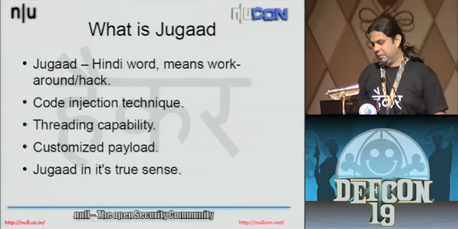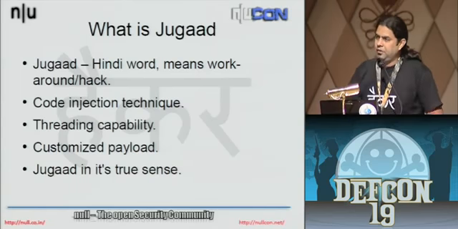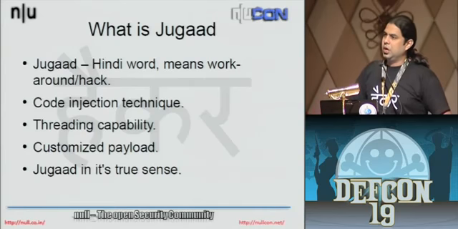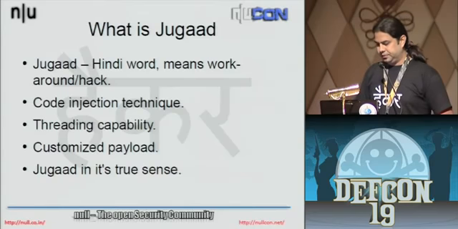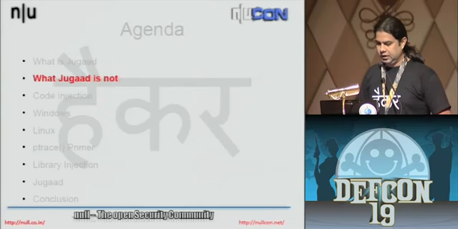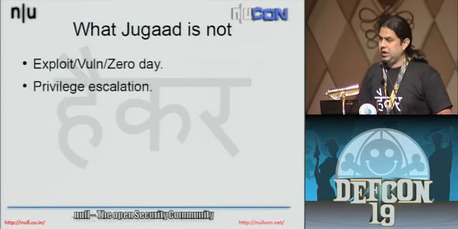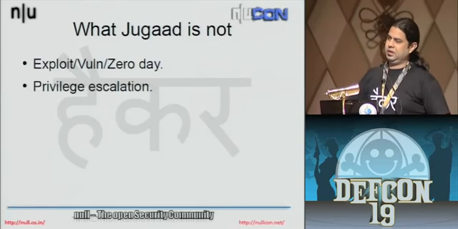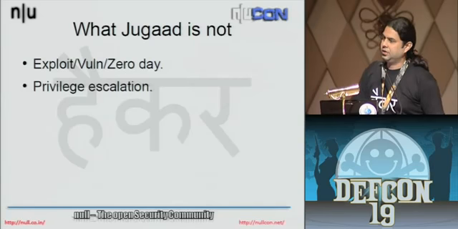So I started looking at it from the point of view of Windows malware, where Windows already provides you an API where you can remotely inject code inside another process, but it's not there in Linux or other Unix platforms. Okay, so what it is not, it's not an exploit. I won't even call it a vulnerability because it is one of the features provided by Unix operating systems.